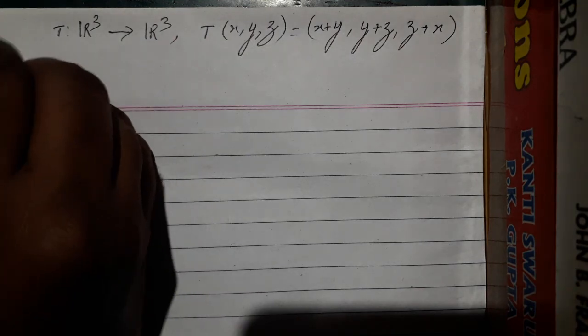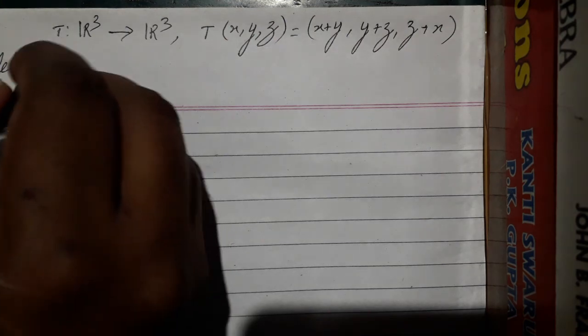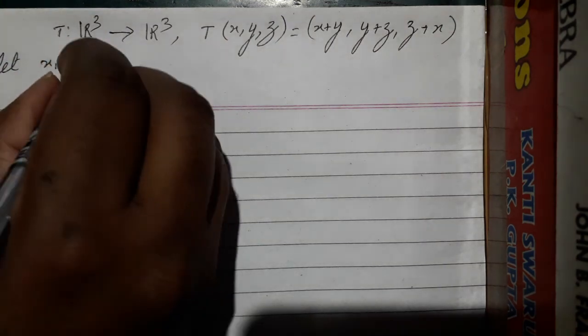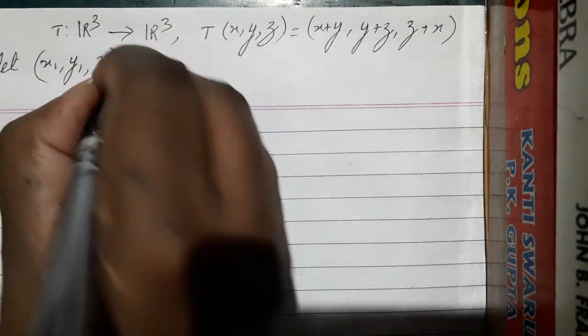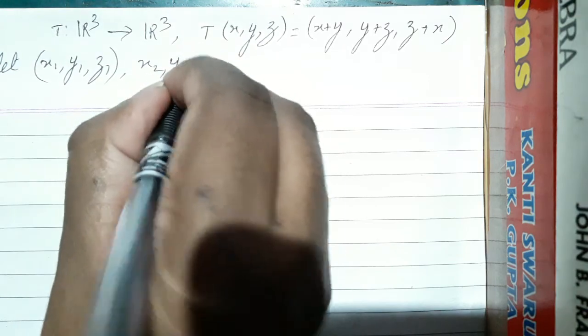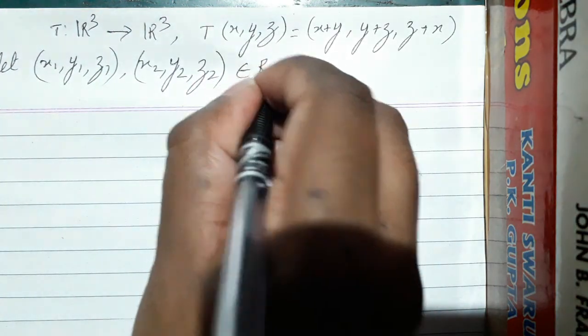So I'll take two vectors in R3. The vectors in R3 will be three-tuples. So I take two vectors: one is (x1, y1, z1) and another vector I'm taking as (x2, y2, z2), both in R3.